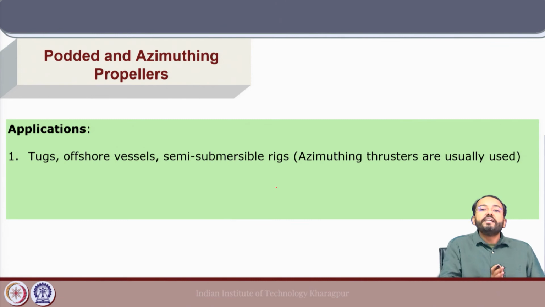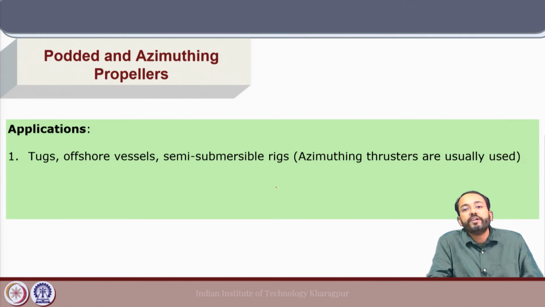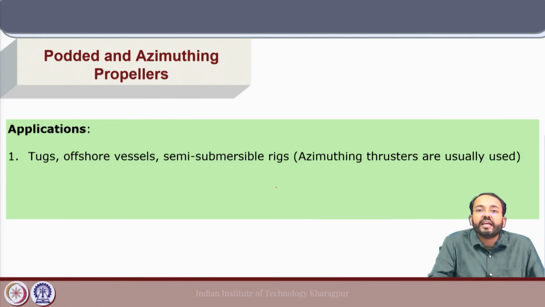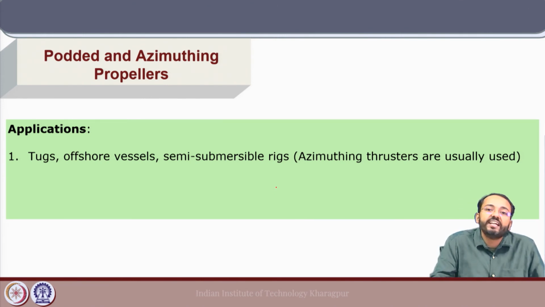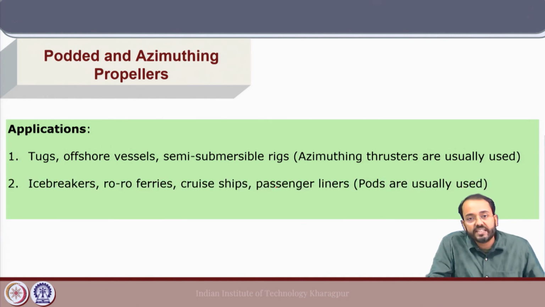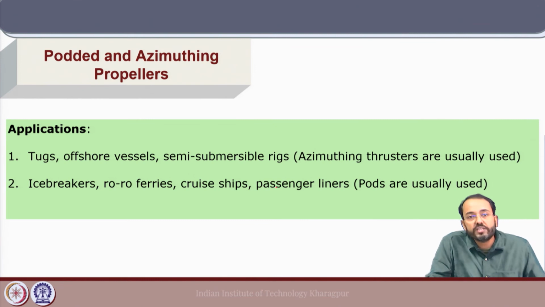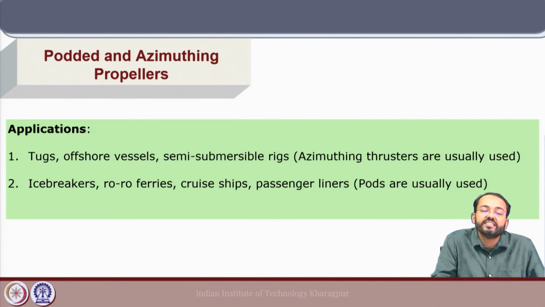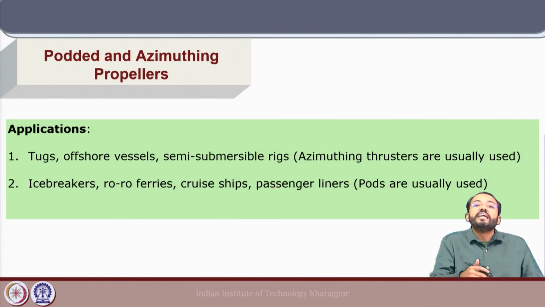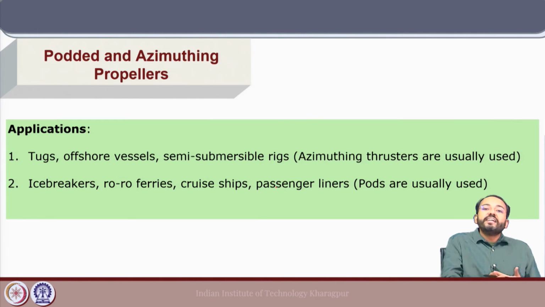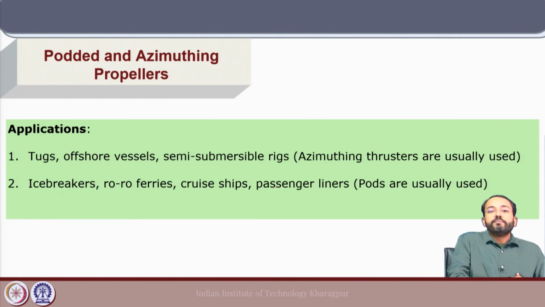Now, regarding applications, azimuthing thrusters are used for tugs, offshore vessels, and semi-submersible rigs, where the requirement of low speed maneuvering is very high. These azipods provide an excellent option for propulsion in these cases. Podded propellers are usually used in cruise ships, ferries, passenger liners, and icebreakers, where typically diesel electric propulsion systems are used.